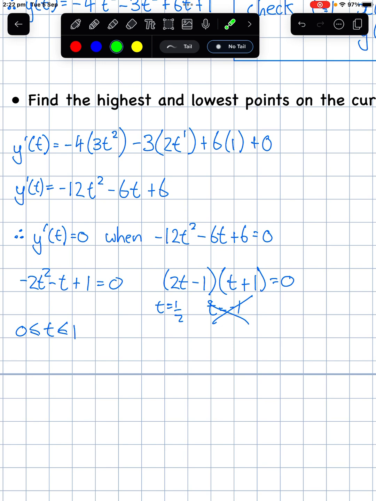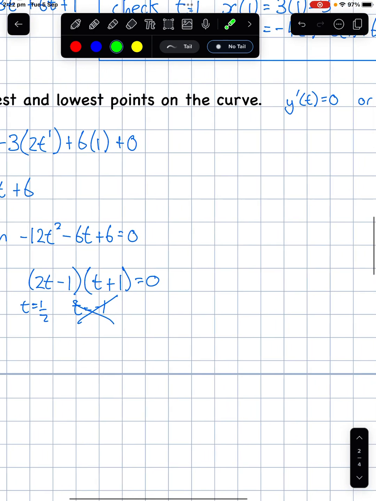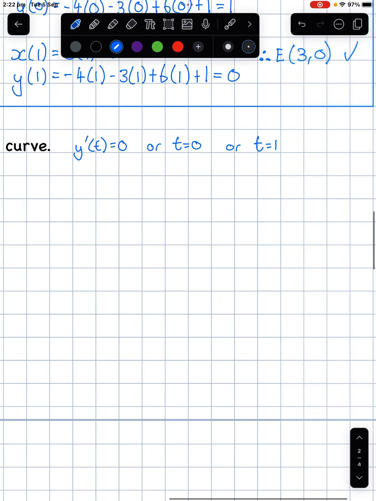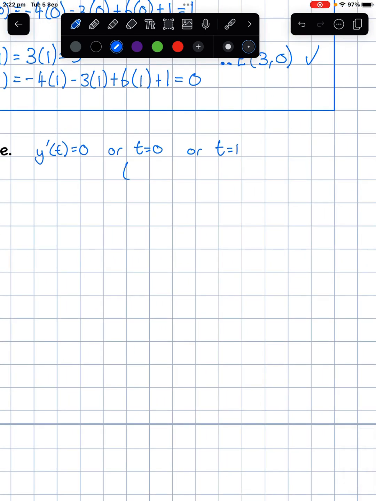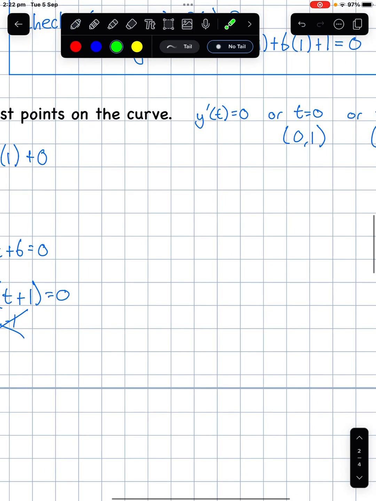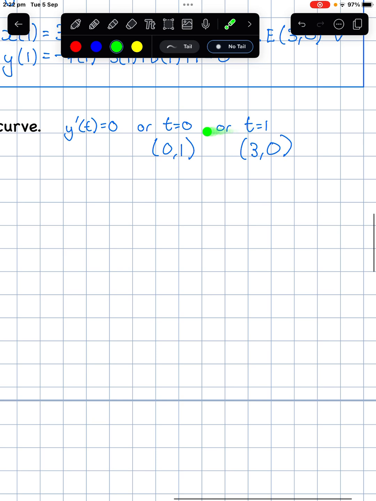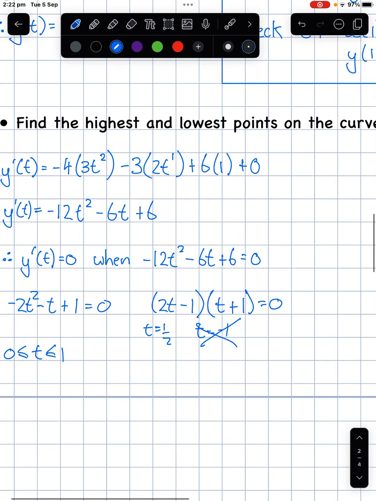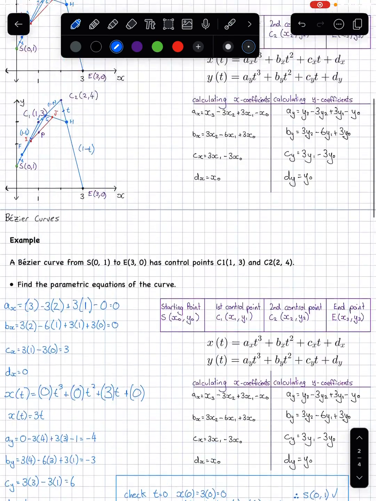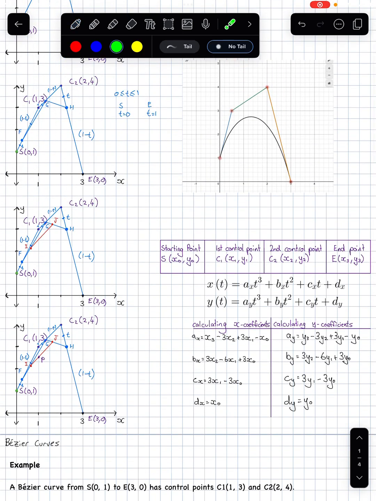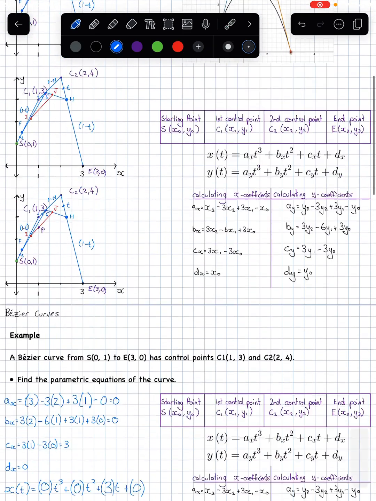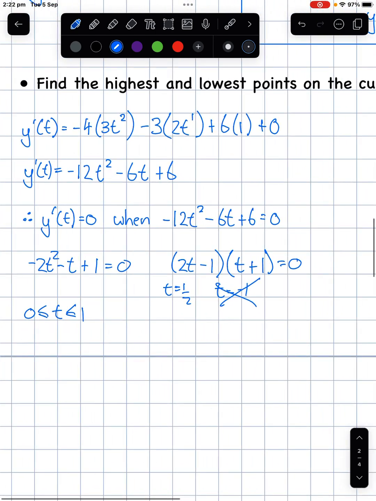But just remember t equals 0 is our start point, so we've got 0 and 1. This one here was 3 and 0. So pretty well we can guarantee if we get 1/2, it's going to be higher than one of these points, because we've seen this curve in the example up here and we're expecting it to be at this coordinate here. So let's put this in.